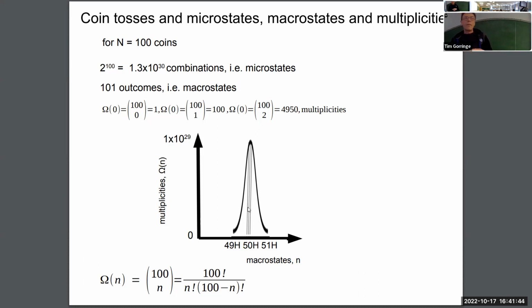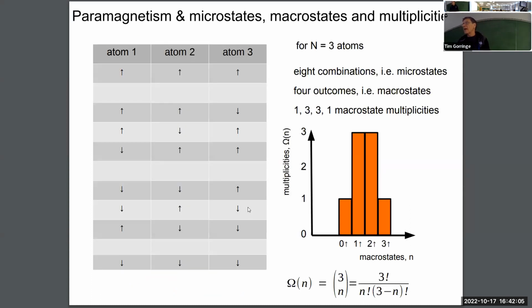So those two slides were just to introduce this language of microstates for the different combinations, macrostates for the different outcomes, and multiplicities, and that some macrostates have high multiplicities, and some are really unlikely, having very low multiplicities.